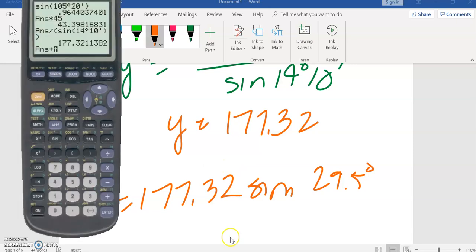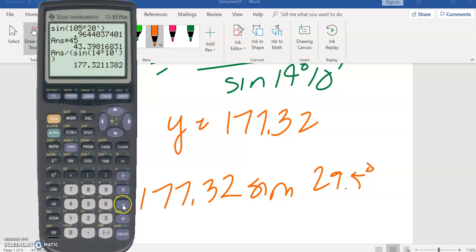Then I get my calculator back out and take the answer times the sine of 29.5. Obviously you could use the minutes as well. So then my tower is 87.3 feet tall.